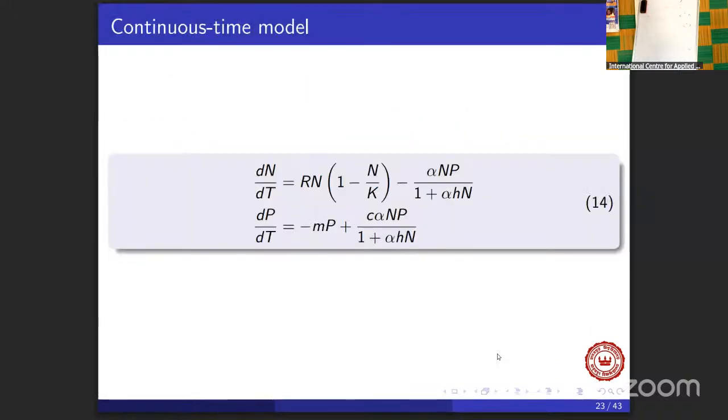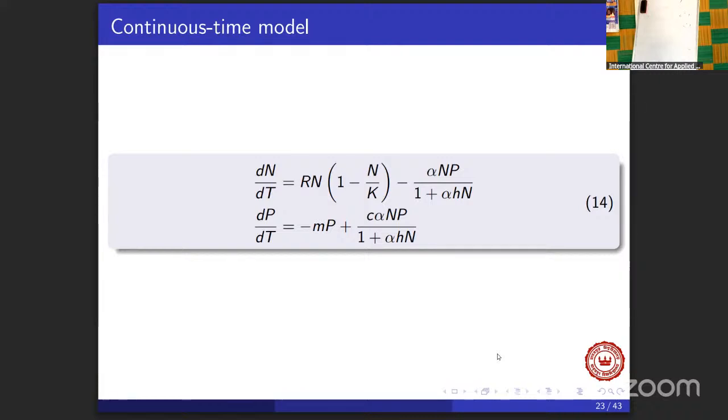Next slide. See, how many parameters are there? r, a, alpha, h, c. We try to make the system dimensionless. Here, N has a dimension, population, either lakh or thousand or crores.